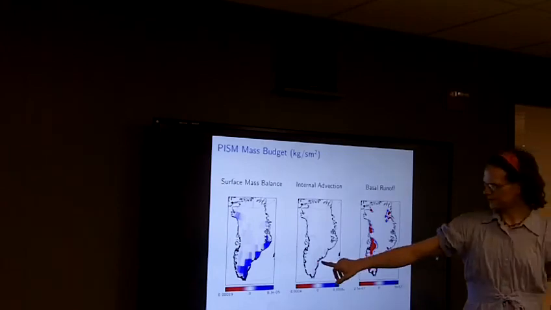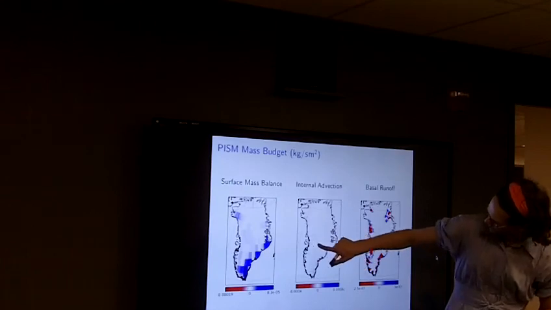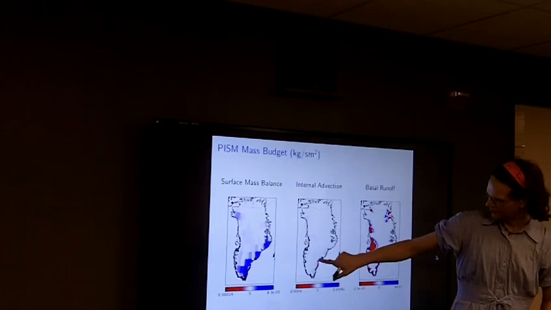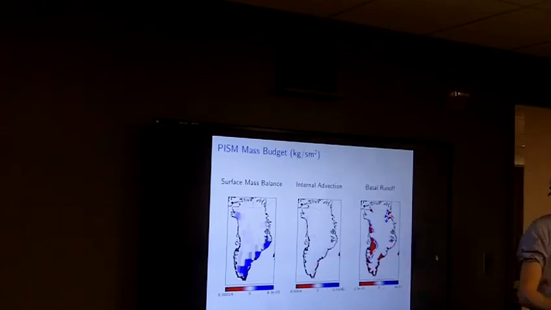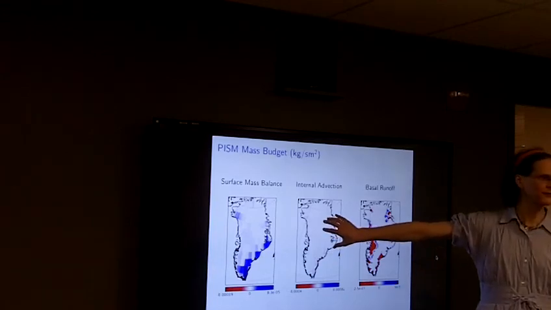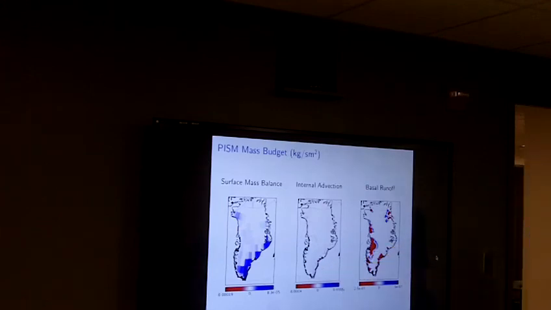Here's internal advection, that's ice moving sideways. You see ice moves very vaguely sideways, a little very light stuff around here. And it moves faster sideways towards the edges where ice streams coalesce and move faster. This is the whole purpose of PISM. It has one job, to move ice sideways. And here we see it's doing that job.